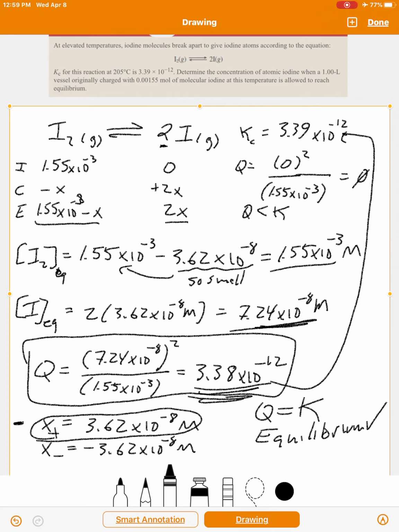Now your textbook does show here a solution with a little assumption, where they say, hey, when you solve for x, you can simplify it by ignoring this minus x here. I'm going to ignore that analysis for this problem because they don't even tell you any justification for that.